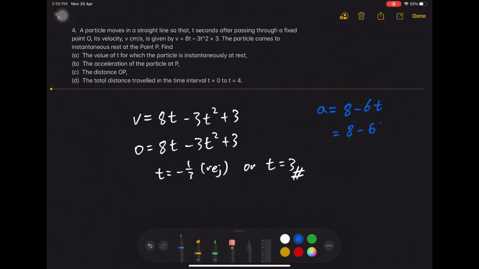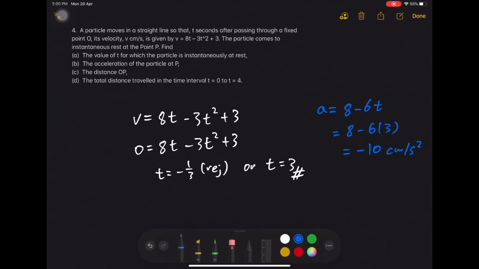We have 8 minus 6 times 3. That will get me my acceleration to be negative 10 cm per second squared. This means that the particle is slowing down, or the acceleration is going in the opposite direction. So the acceleration of the particle at P is negative 10 cm per second squared.